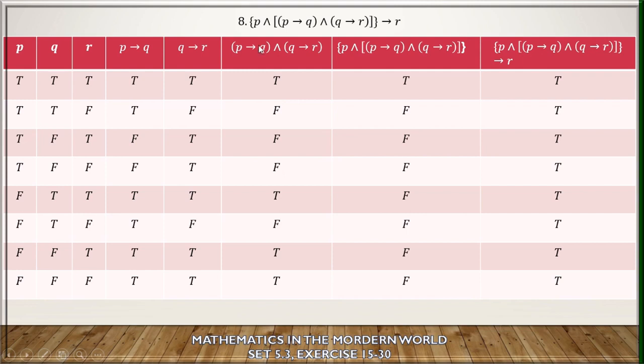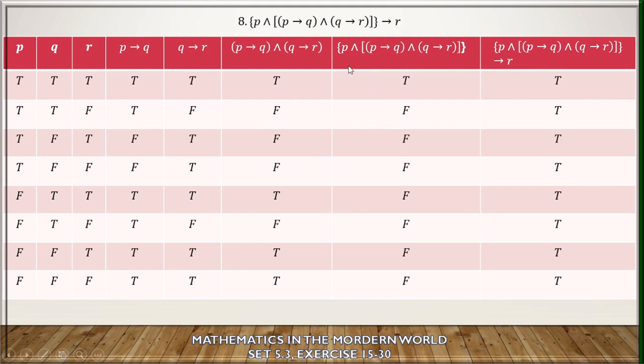For the conjunction of these two conditionals, P then Q and Q then R: true, true is true. False, true is false. True, false is false. True, false is false still. True, true is true. False, false is false. True, true is true. True, true is true. So it is true, false, true, false, true.